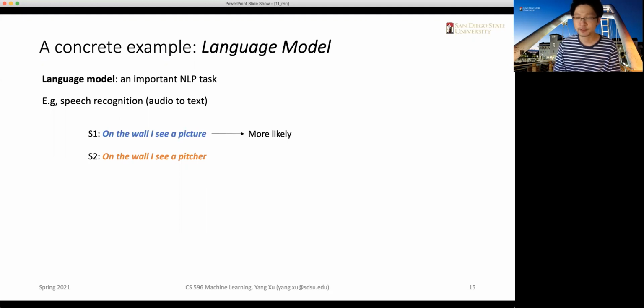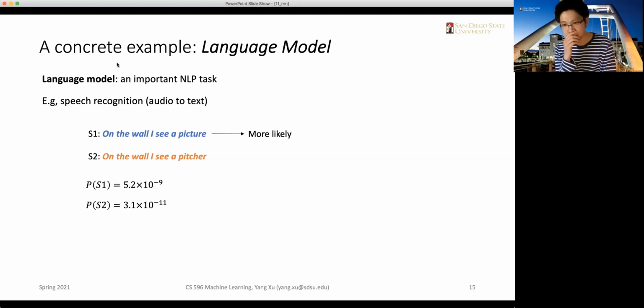But we know that the first sentence is more likely semantically, because a picture is more likely to be seen on a wall than a pitcher full of water. That is a common sense perspective.